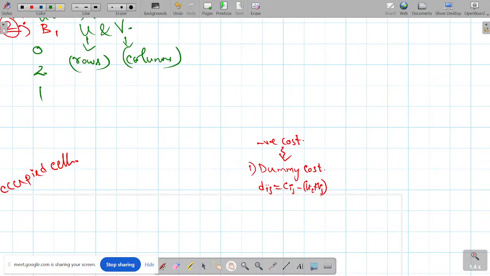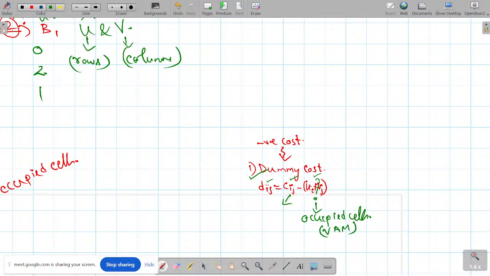You can ask me, what are this U and V? That's a very beautiful question. You're going to find a dummy cost where you will use dij is equal to Cij minus (Ui plus Vj). Our question is, what are this Ui and Vj? We are going to find them using the occupied cells, from the VAM method.